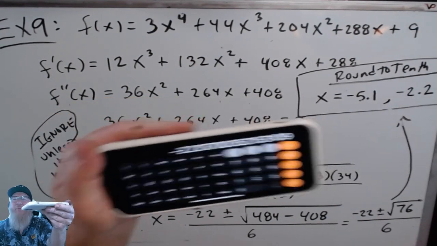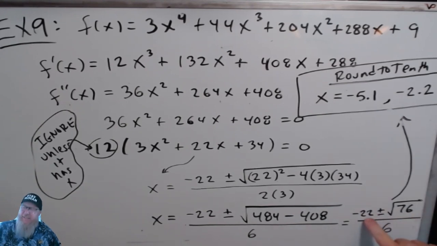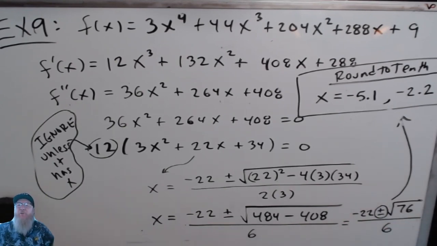They're both negative. Okay, yeah, that makes sense. The square root of 76 is less than 22. So when you add or subtract, you get the two possibilities. They're both going to stay negative because neither one of them was big enough to get up into the positive.